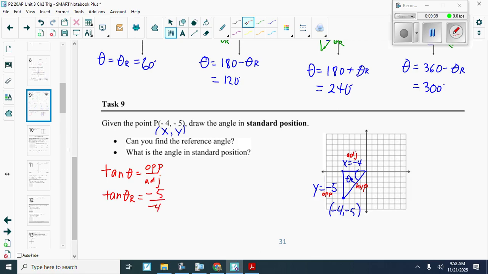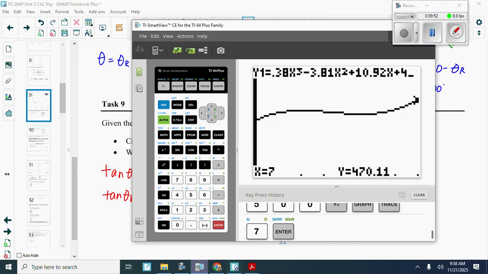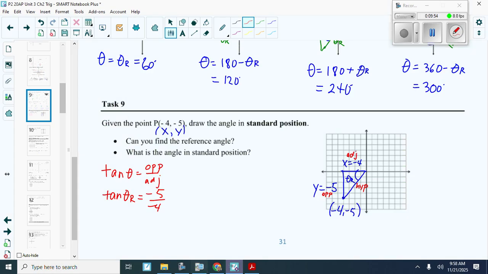Calculators, remember, just double check that they're in degree mode. Otherwise, you're going to be very sad when it comes to writing down your answers. Before we get there, just a reminder, this is where you do the inverse tan.